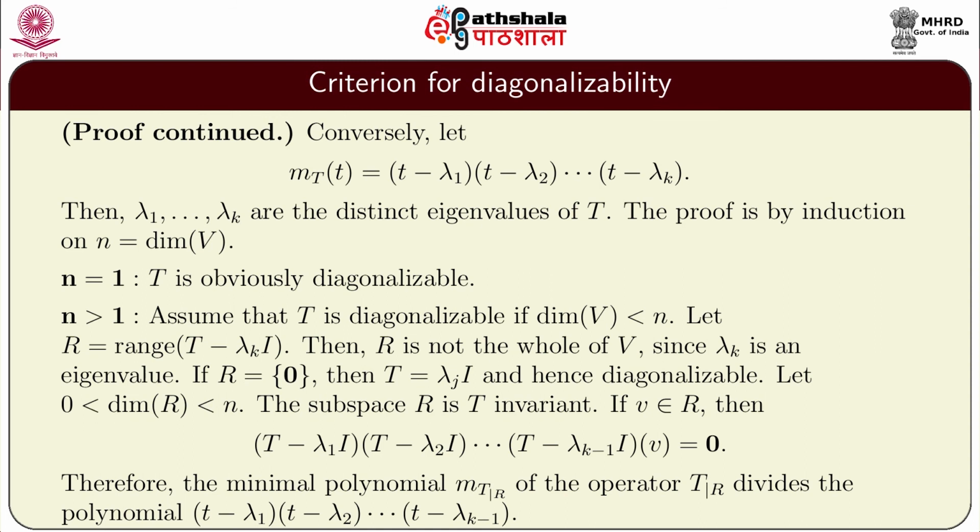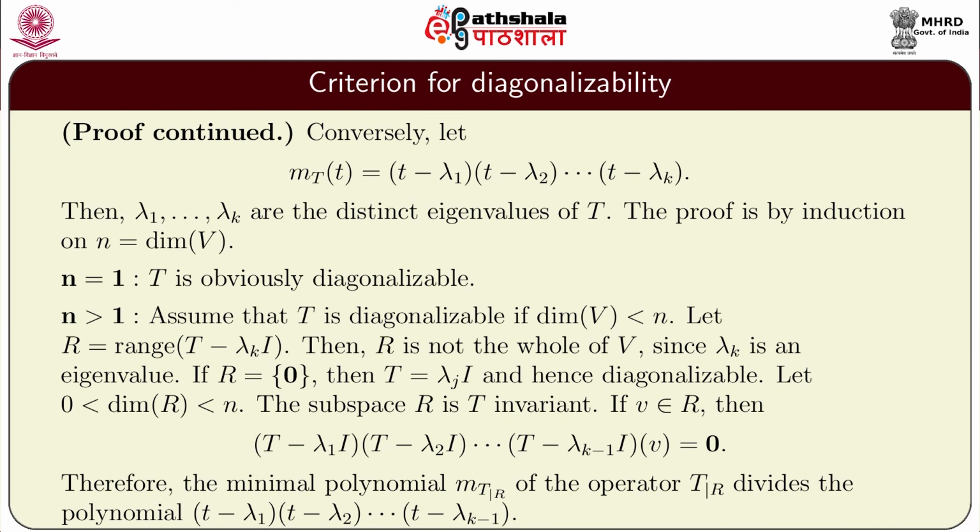If R happens to be the singleton 0 vector, then of course T is equal to lambda k I and hence diagonalizable. So, let us now assume that the dimension of R is strictly bigger than 0 and strictly less than n.